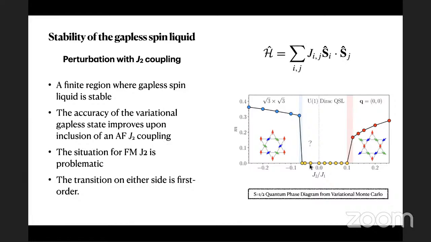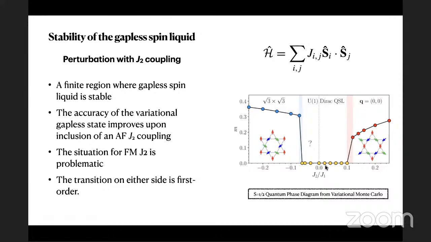The main result was that, as I said, there's a finite region of stability of the gapless Dirac spin liquid. Miraculously, the accuracy of the variational gapless state improves upon the inclusion of an antiferromagnetic J2 coupling. We also showed that the situation when you introduce a ferromagnetic J2 is quite problematic: though variationally the Dirac state remains stable, it no longer represents an accurate description of the ground state.